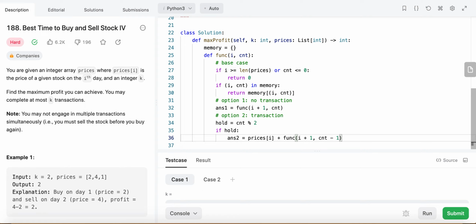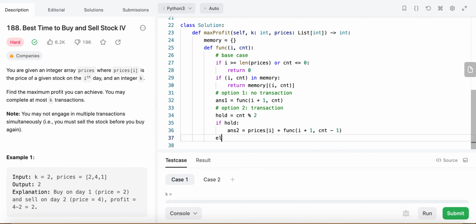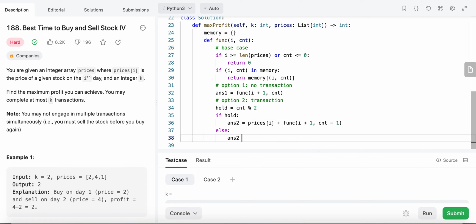Since you perform one transaction, count becomes count minus 1. Else, if you do not hold, you purchase a stock. When you purchase a stock, you spend this amount of money, minus prices[i], to purchase that stock. And it's also i plus 1, count minus 1.